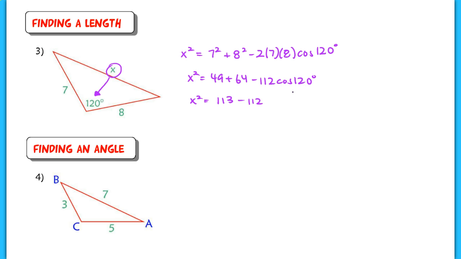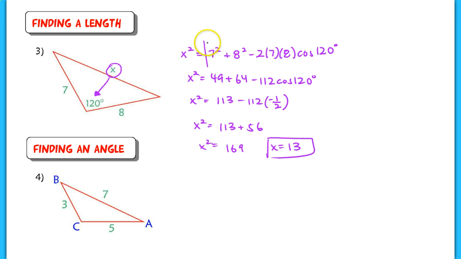So that's going to be negative 1/2. And if I solve here, I have 113 plus 56, that gives me 169. So the square root of 169 gives me 2 solutions, but I'm going to throw out the negative because I'm dealing with the side length of a triangle. So I end up with x equaling 13.